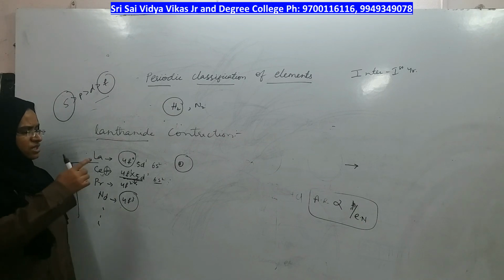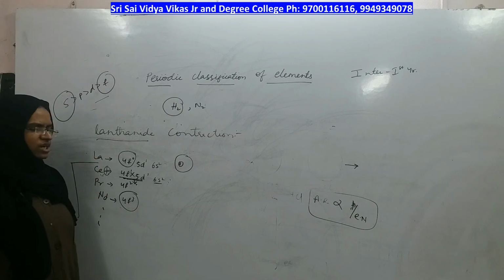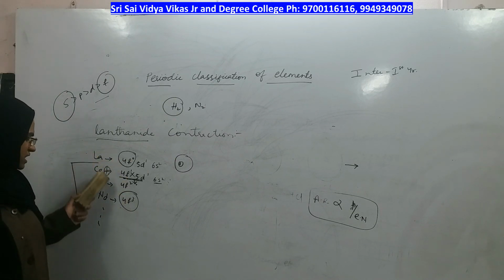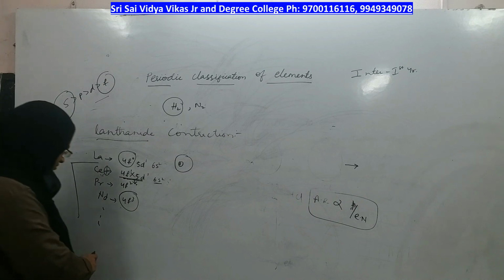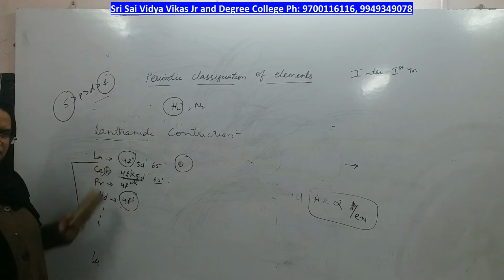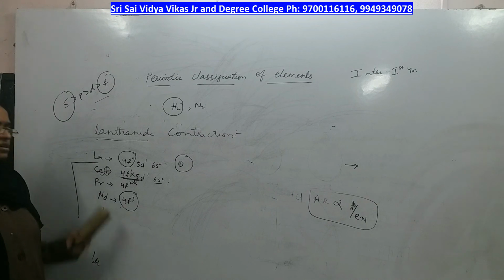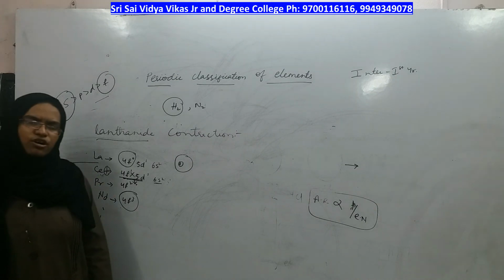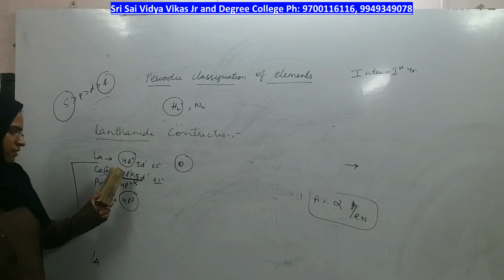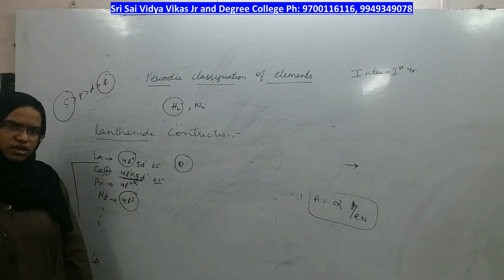Therefore, the definition of lanthanide contraction is: in lanthanides from cerium till lutetium, as the nuclear charge increases, the screening effect of the f orbital is poor, right?